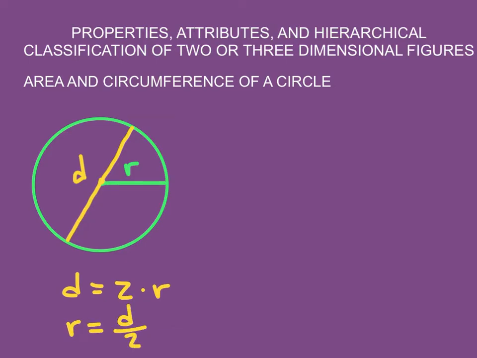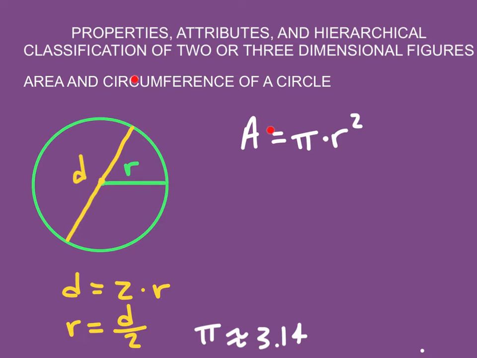So depending on what you've got, I'm going to use this formula here to calculate the area and the circumference. So what we have here, the area formula, is we take the number pi, and remember that the number pi is equivalent to approximately 3.14. So pi times your radius squared will give you the area of your circle.